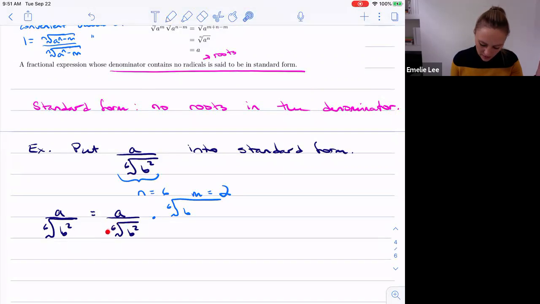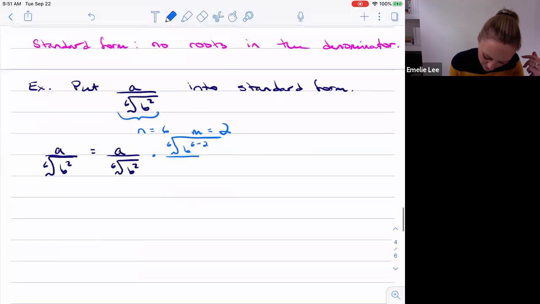This is what I'm trying to rationalize. And so I've got b squared. Well, I have to write that as b to the power of n minus m. In this case, I've got 6 minus 2. And then because I need this to equal 1, I just have the same thing in the denominator. So the 6th root of b to the 6 minus 2.